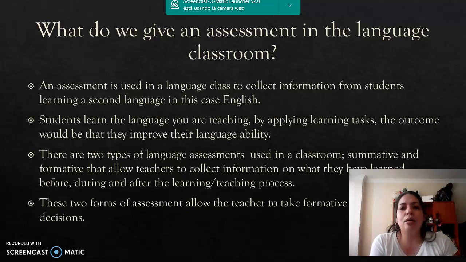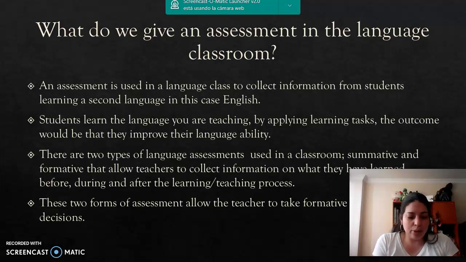But when we talk about either implicit or explicit, either if they're fast or they're happening at the end of the term, we need to consider summative and formative, that allow teachers to collect information on what they have learned before, during, and after the learning or teaching process. These two forms of assessment allow the teacher to take formative or summative decisions.